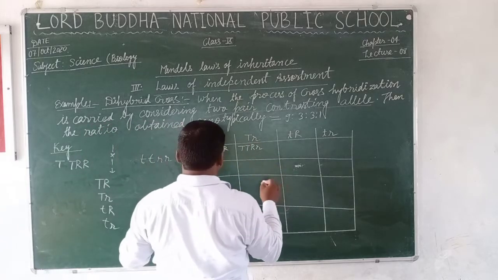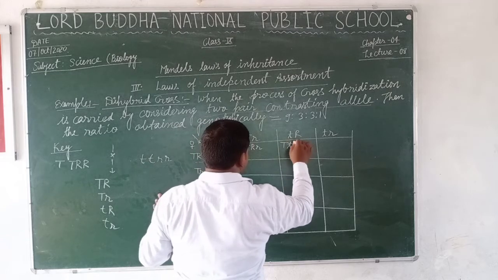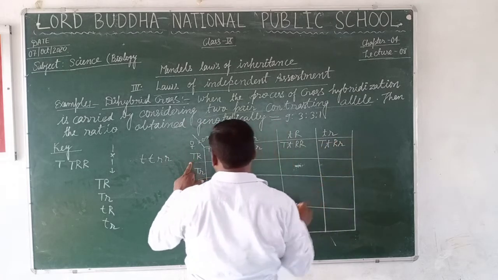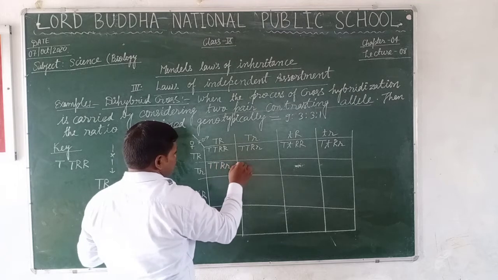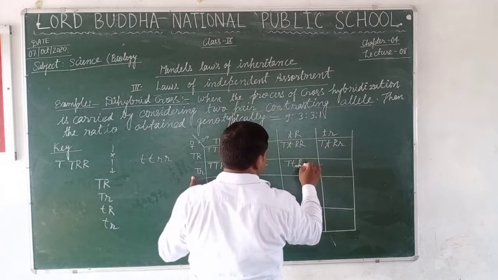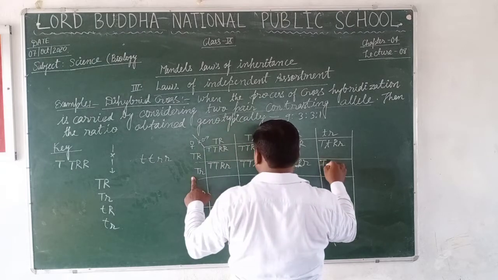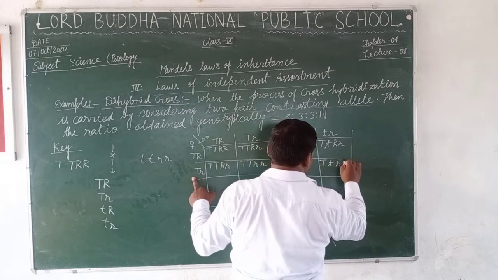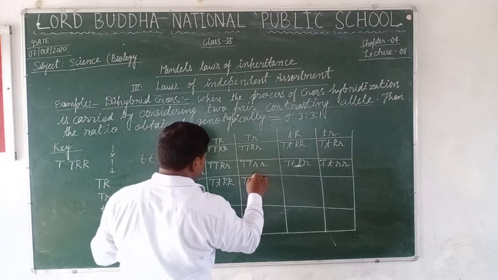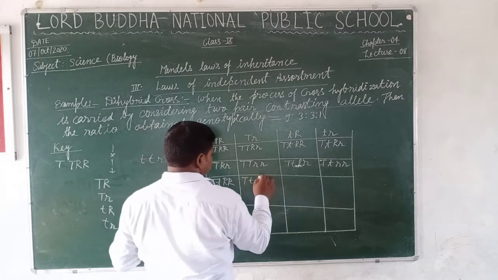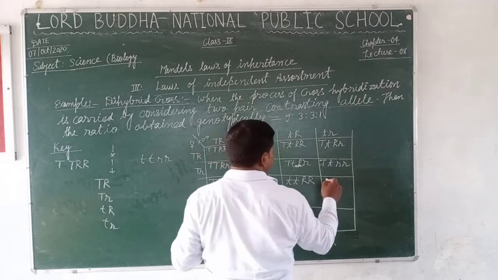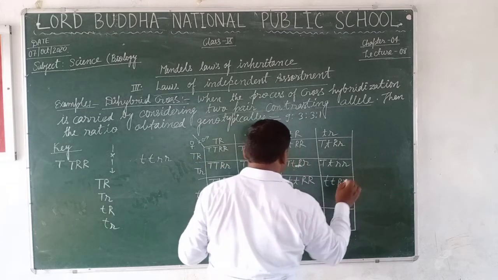Now continue this. Capital T small t capital R, capital T small t capital R small r, capital T capital T capital R small r, capital T capital T small r small r, capital T small t capital R small r, and here capital T small t small r small r, capital T small t capital R, capital T small t capital R and small r, small t capital R, small t capital R small r.